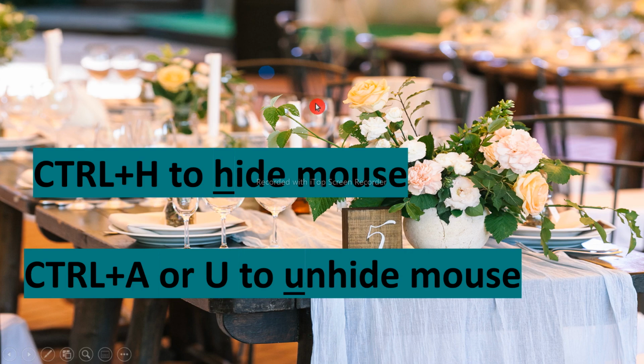This is a wonderful shortcut key that will allow you to hide the mouse pointer or to unhide it. Just press Control plus H to hide it, and Control plus A to unhide the mouse pointer.